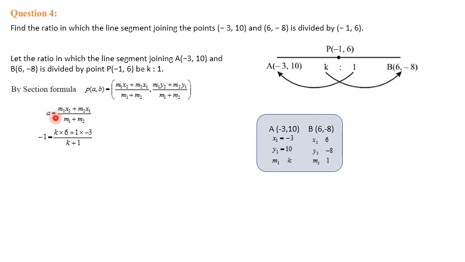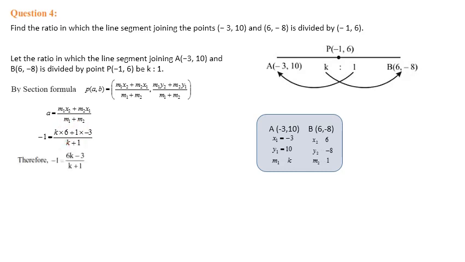P coordinates are there, so a is -1 we have written. m1 is k, x2 is 6, so k into 6 plus m2 x1. m2 is 1, x1 is -3, so 1 into -3, divided by m1 plus m2. m1 is k, m2 is 1.